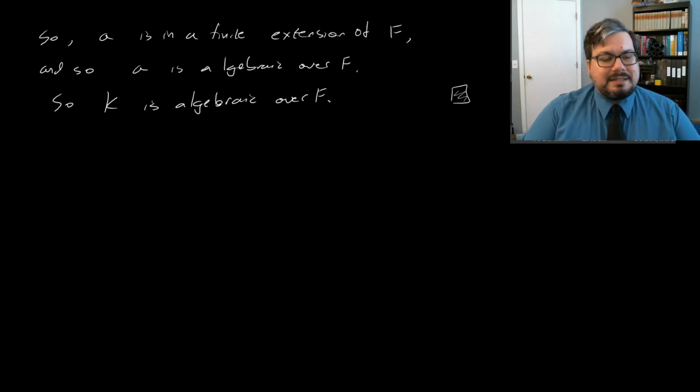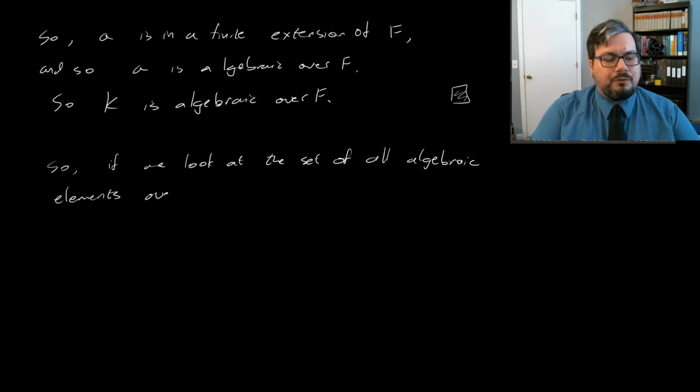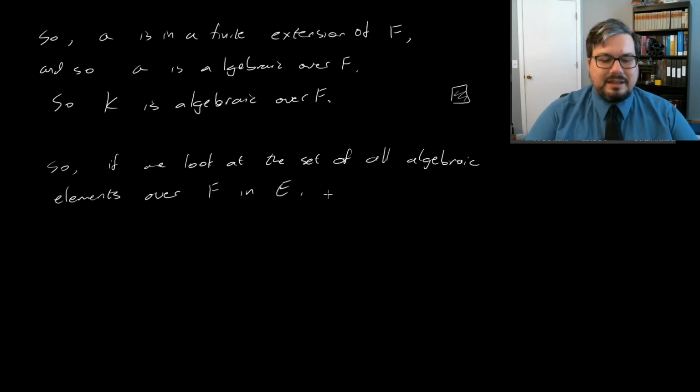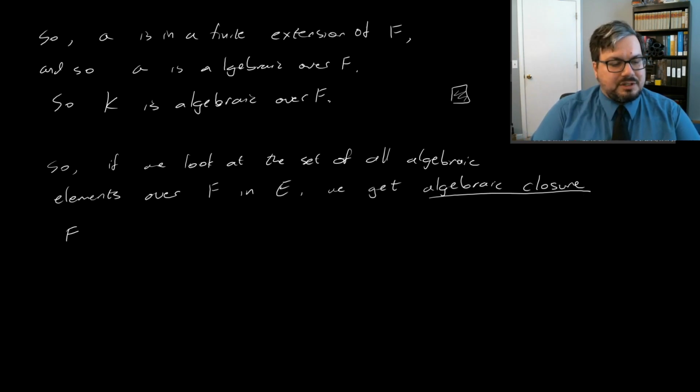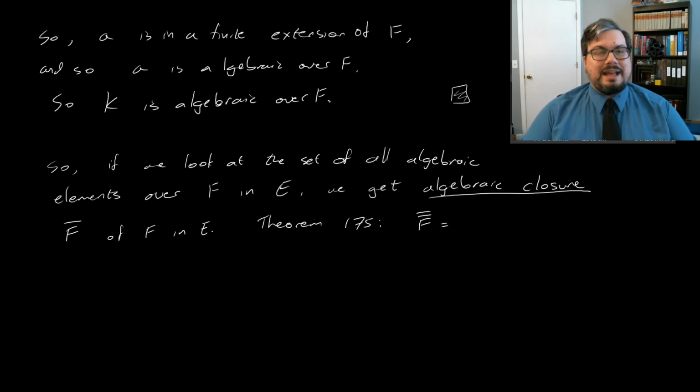All right, so one of the things this means is that if we look at the set of all algebraic elements over a field F in an extension field E, we get the algebraic closure, which we usually denote F bar of F in E. What Theorem 175 shows is that if I take the algebraic closure and then close it up again, I just get the algebraic closure back.